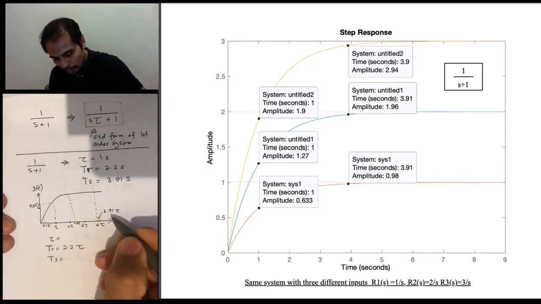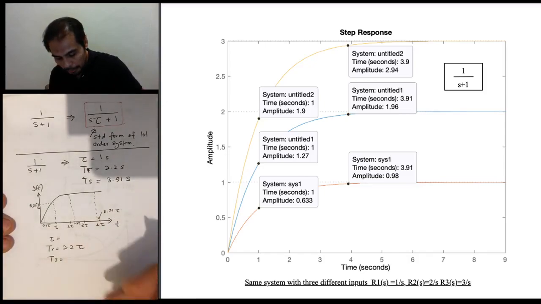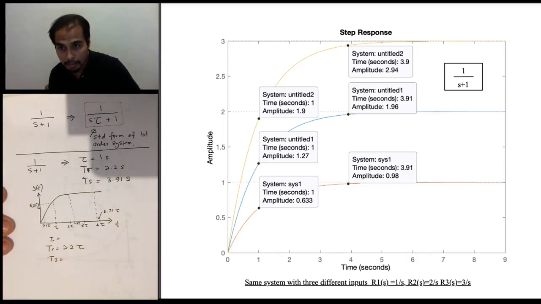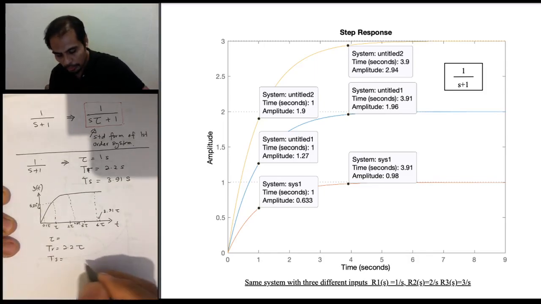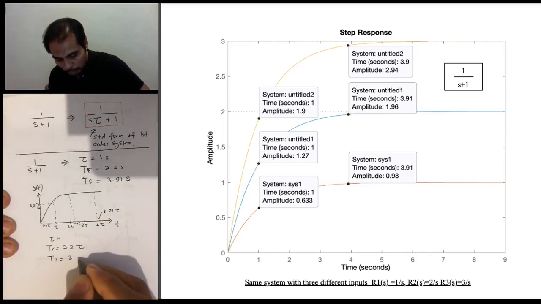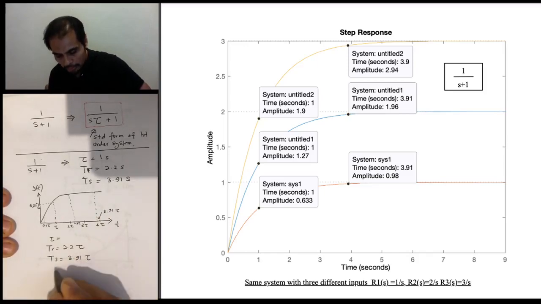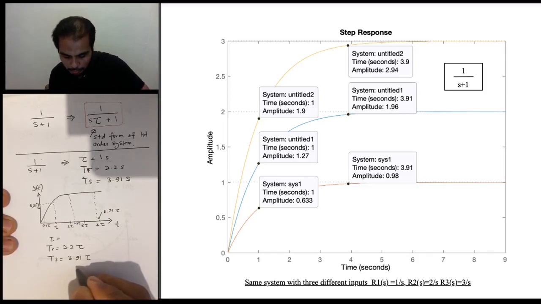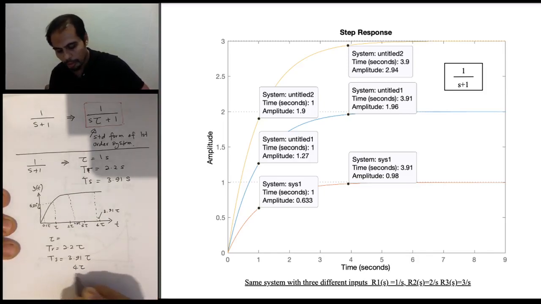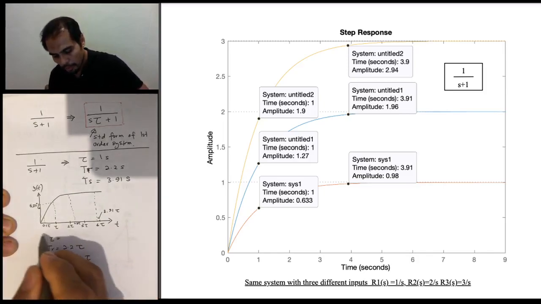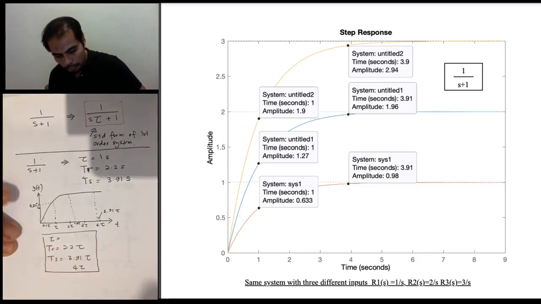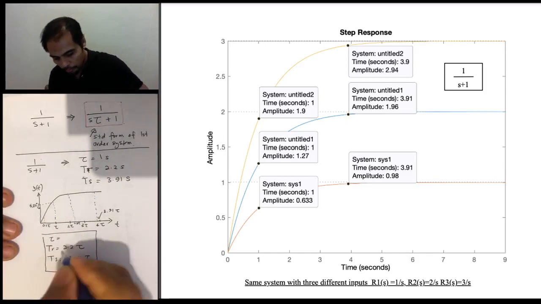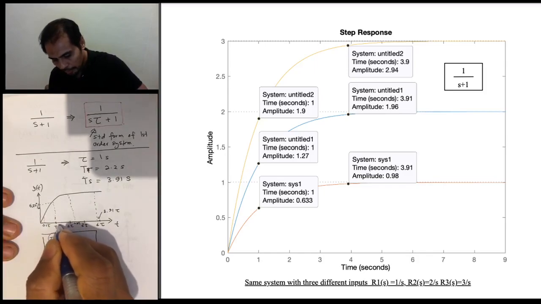Settling time is when the response is above 98%, which we consider to be at steady state. So we can use 3.91 tau as the settling time, or we can simply use 4 tau. So this is the formula that we have.